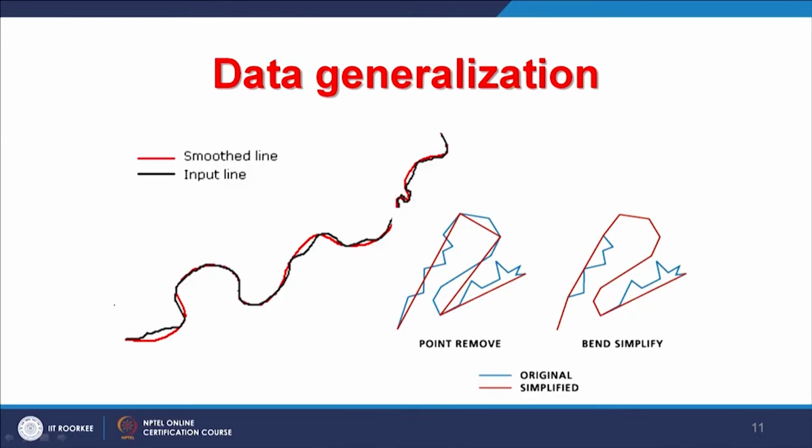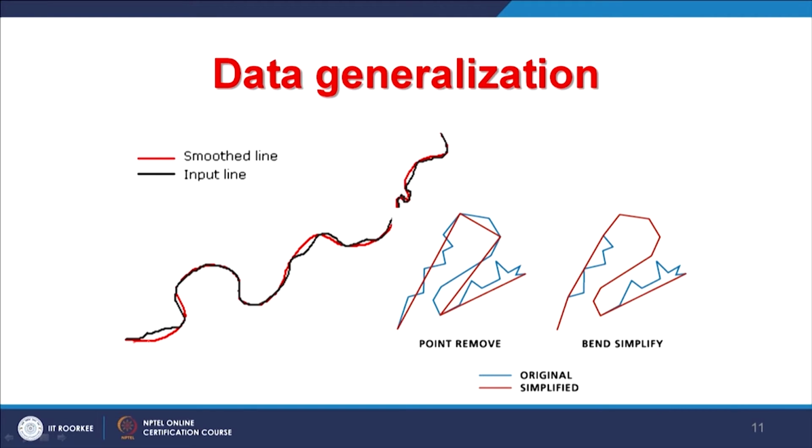So first I will take the data generalization or data reduction. Here if I take the example on the left side, the black lines are the original data, and the red lines are the smoothened line.